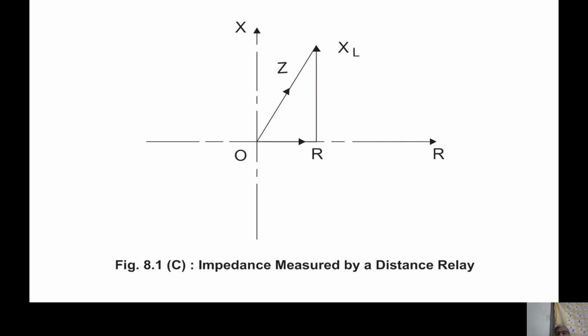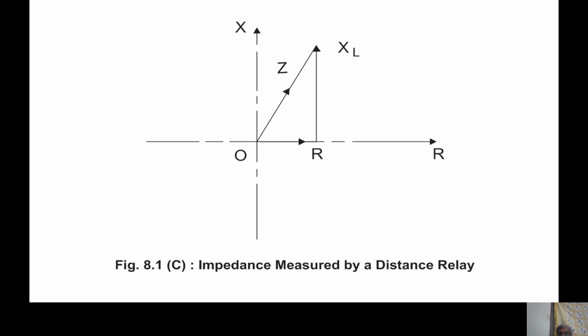I want to measure in the first quadrant only, but it can be in the second quadrant also if it's a capacitive load. I mean, sorry, it can be in the fourth quadrant also if it's a capacitive load. And it can be in the third quadrant also if the fault is behind the relay.